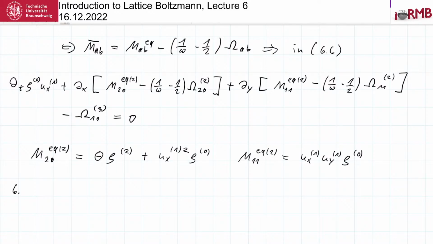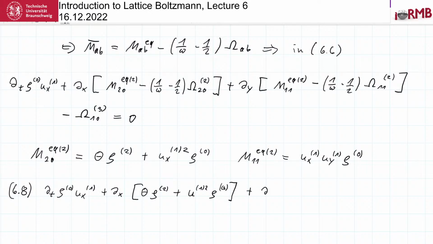Okay, now let us produce equation 6.8 then. By putting this into the previous equation, this is again the time derivative of ux1 plus dx theta rho, now second order, plus u1 square rho 0. So I'm now isolating the equilibrium part.